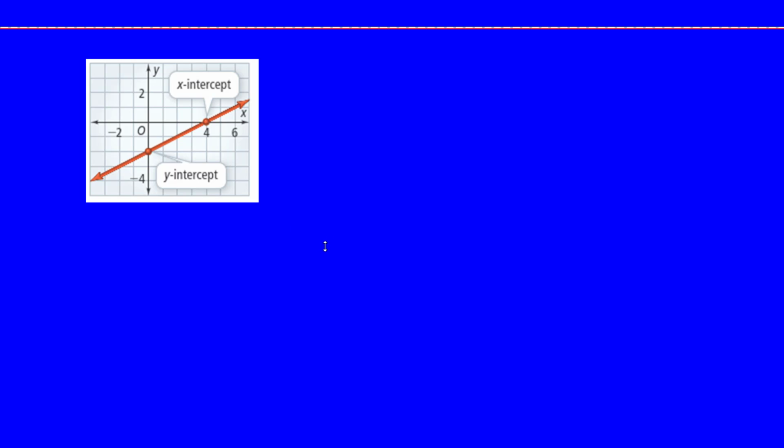So a special form of a linear equation is called slope-intercept form. And let's talk about what that might mean. We just talked about that, but let's dig into what that might mean. So an intercept is going to be a point where a line crosses an axis.